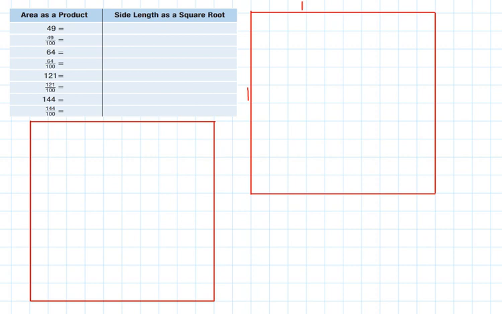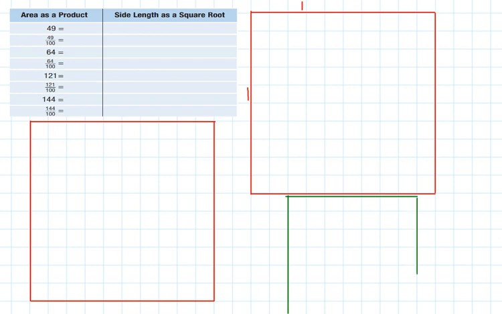So first, let's look at this table here. If we have an area of 49 squared units, what would be the length of the side? If you have 49, that would be a 7 by 7 square. If you have a 7, that would be 1, 2, 3, 4, 5, 6, 7, and again 1, 2, 3, 4, 5, 6, 7.